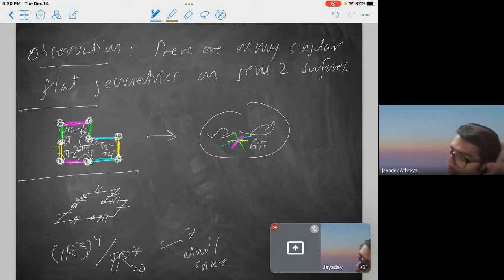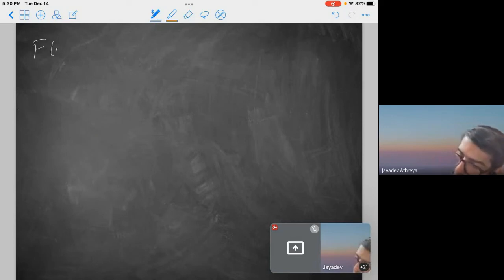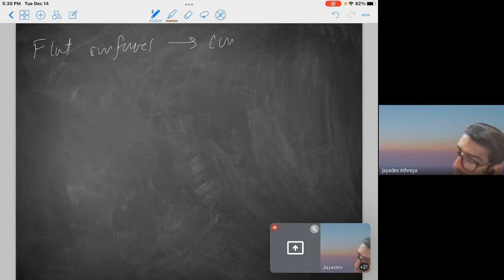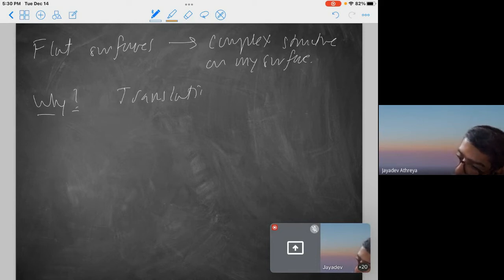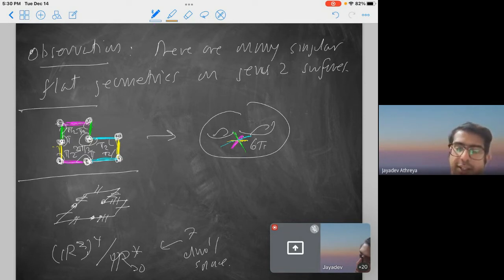So also, by the way, notice before I state uniformization, any flat surface gives me a complex structure on my surface. Why? Well, simply because translations are holomorphic maps. Notice I'm gluing everything here by translation.